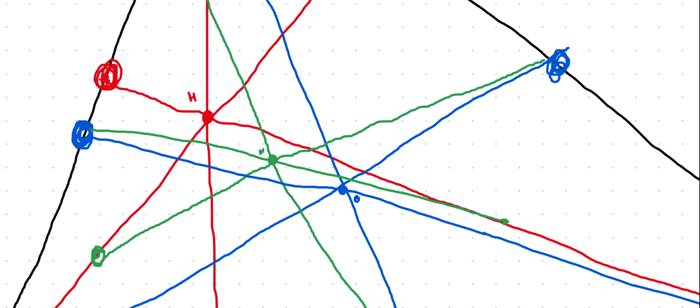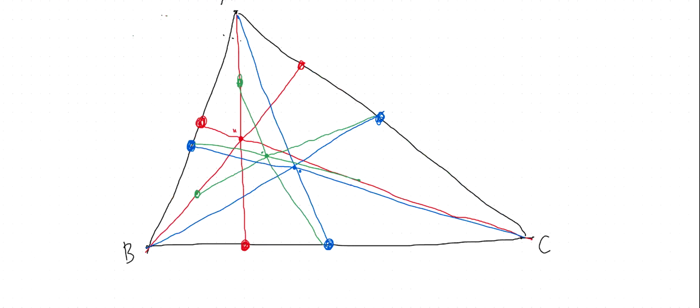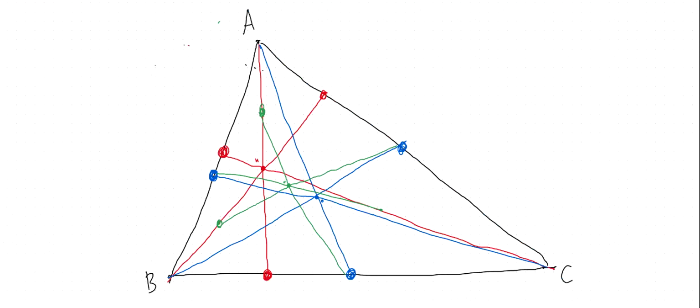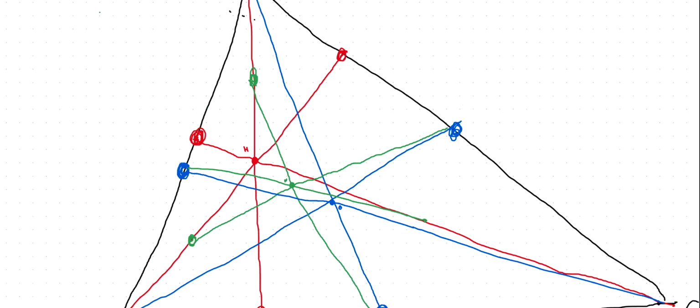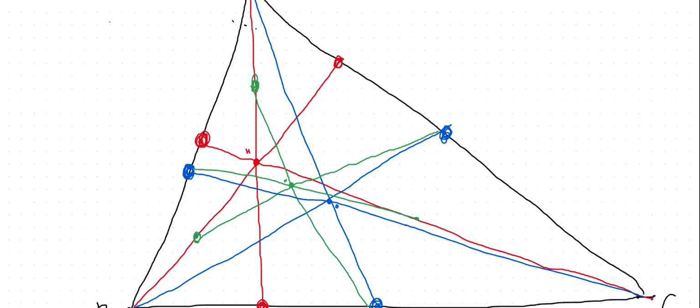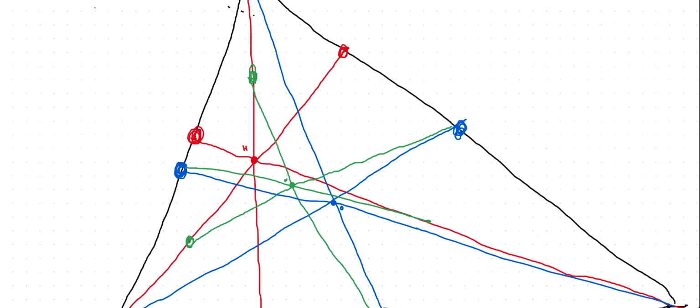Each one of them: H is the concurrency point of the altitudes, G is the concurrency point of the medians, and N is the concurrency point of these diameters. It's the center of the 9-point circle, as you can see. And they are on a line with this precise ratio.